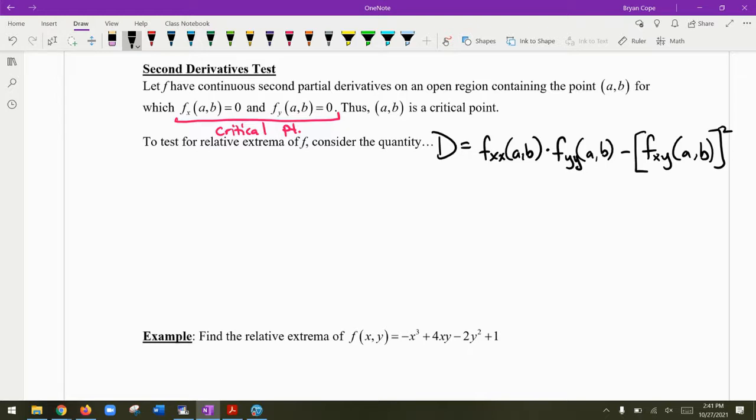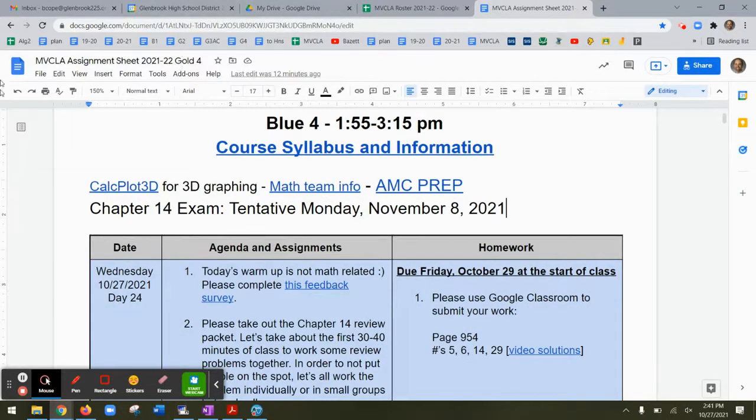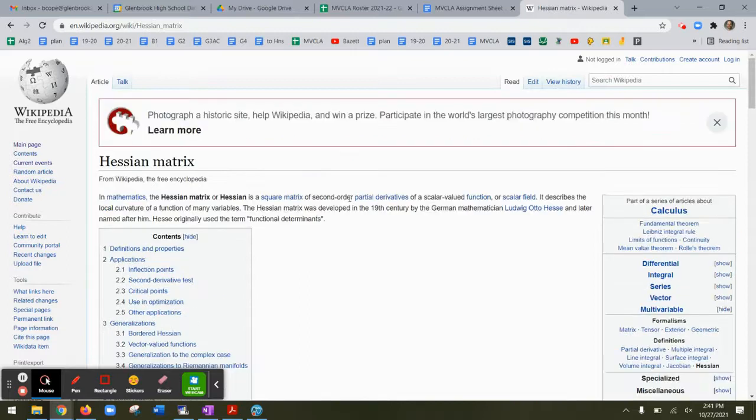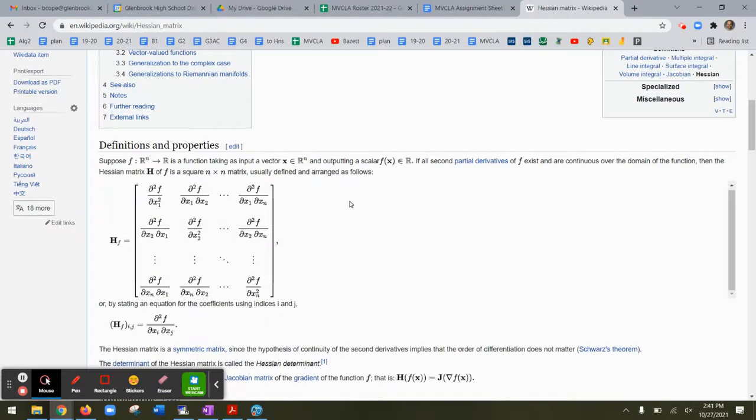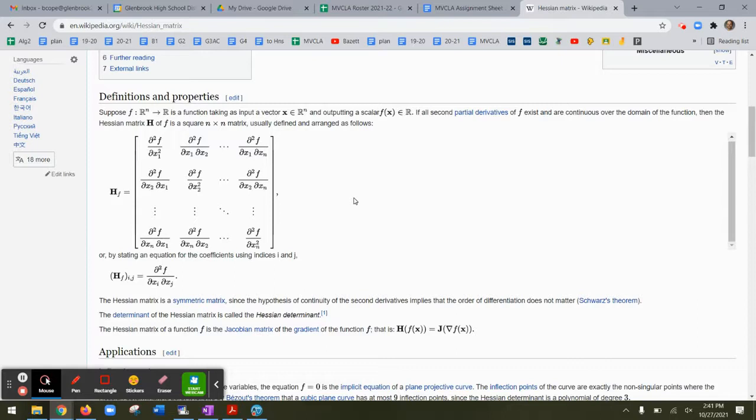I don't remember my vector calculus from college as well as I want. Are some of you familiar with the Hessian matrix? Noah? No? Nathan? Any other math teamers? Okay, check it out.